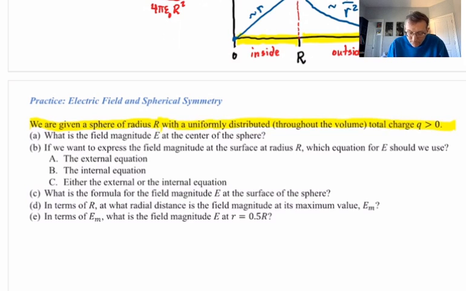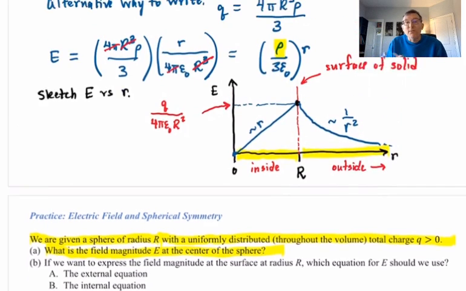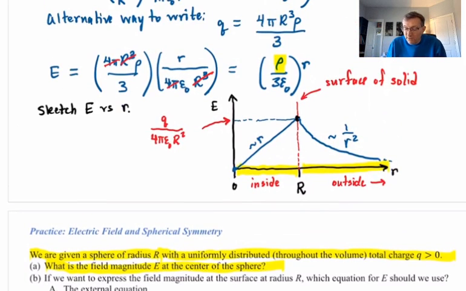First question, what is the field magnitude E at the center of the sphere? You can pause the video and think about it if you want. What is the field magnitude at the very center point? Well, did you look at our graph or our interior field result? It's right up here. Interior, the field is proportional to r, the distance from the center.